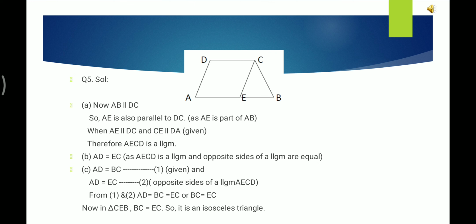We will mark it as equation second because these are opposite sides of a parallelogram AECD. From first and second, AD is equal to BC, that is equal to EC, or simply we can say BC is equal to EC. Now in triangle CEB, BC is equal to EC, so it is an isosceles triangle.